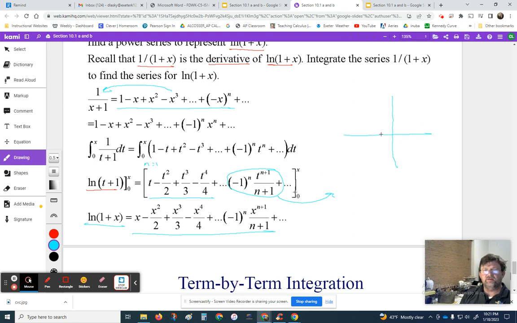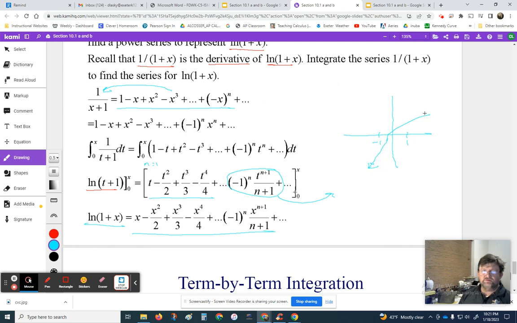If we take from negative 1 to 1, and we graph the natural log, where's that graph at? The natural log of 1 plus x is going to look like this, right? That's kind of what it looks like.